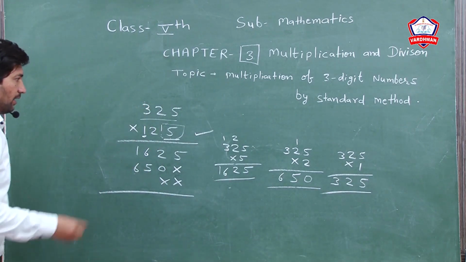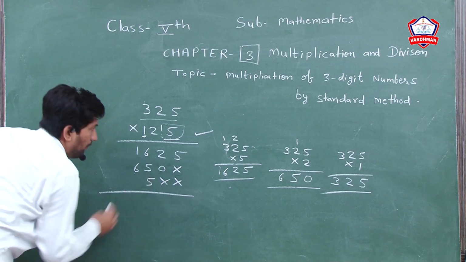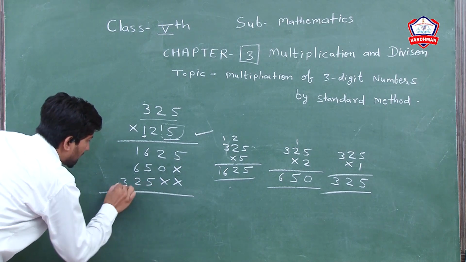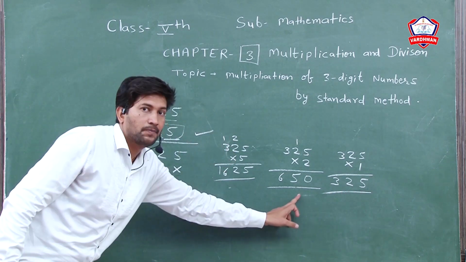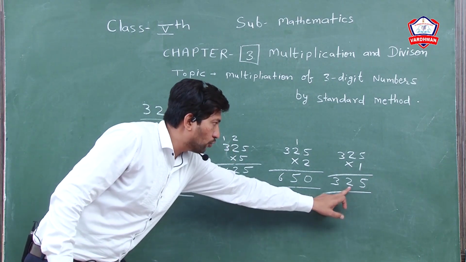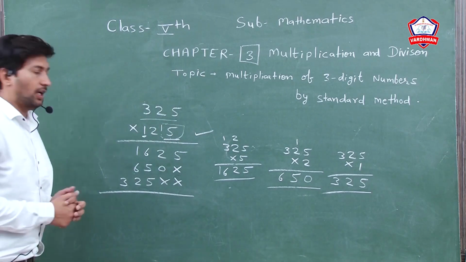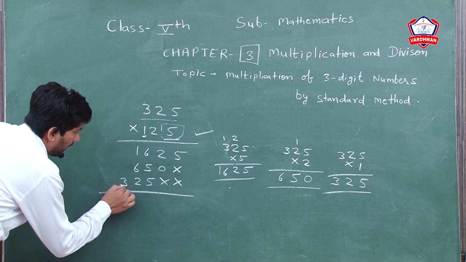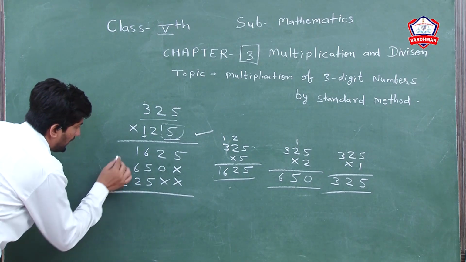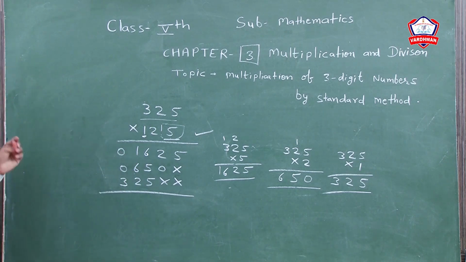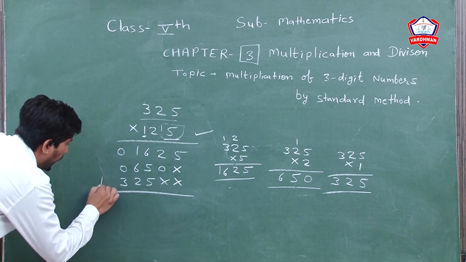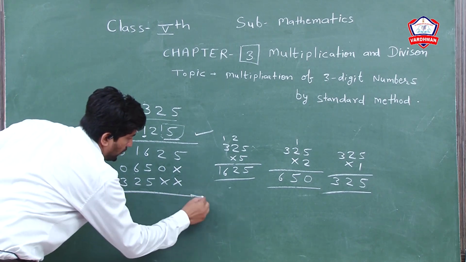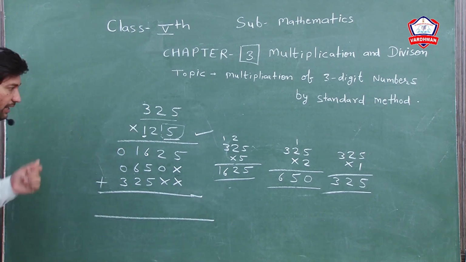Now we can write this 5, 2 and 3. We take the numbers in this serial order: first 5, second 2 and third 3. Now it has no number, then we will take the 0. Now we will add all the 3 rows and find the product.